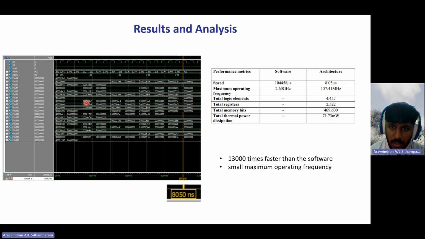The maximum operating frequency for the software is 2.6 gigahertz, while the hardware implementation only takes a fraction, which is 127 megahertz. So what we can conclude is the hardware is 13,000 times faster than the software, despite using a small operating frequency.